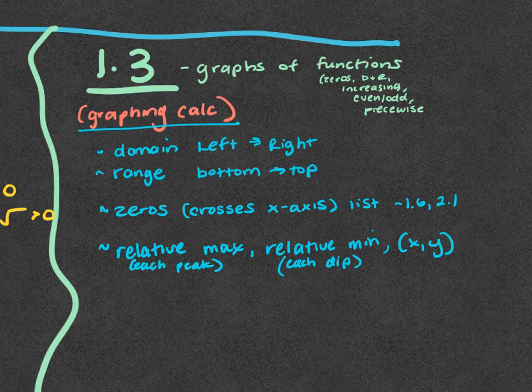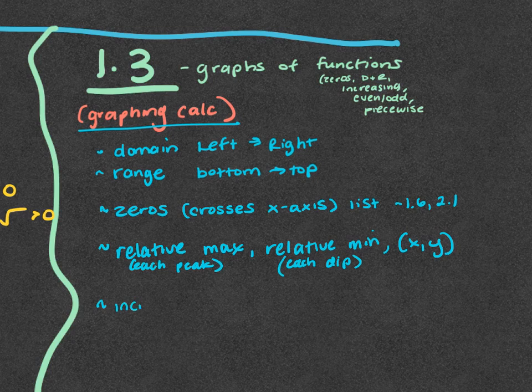If I say give me the max and there's more than one, you'll list them by coordinate points. If I say give me the min, you'll list them by coordinate points, and it says to round them to the nearest tenth. And if there is none, it says put DNE, just like the WebAssign did. So if there's no max, you put DNE. If there was no min, you put DNE.